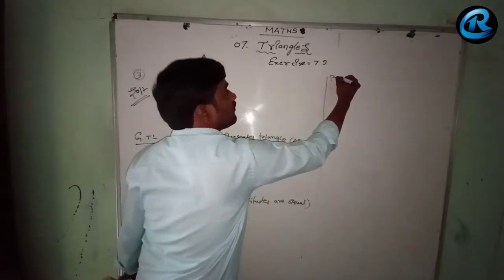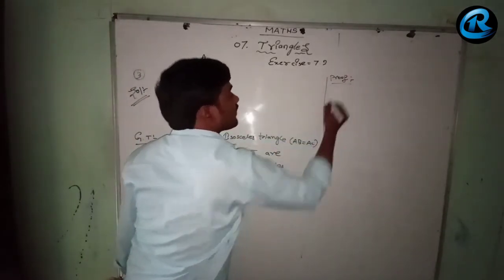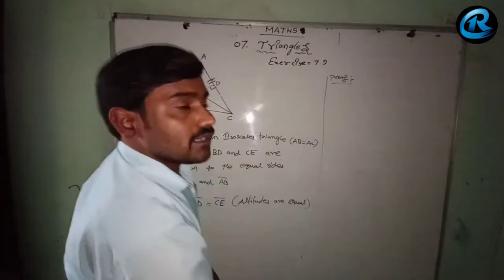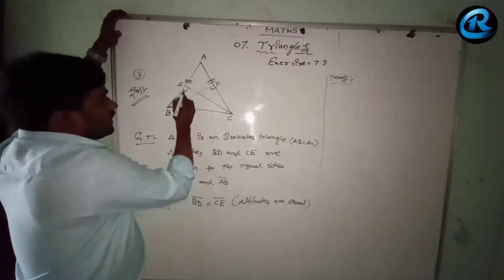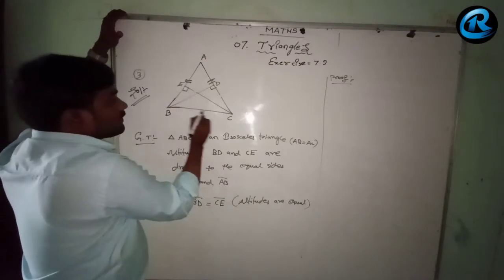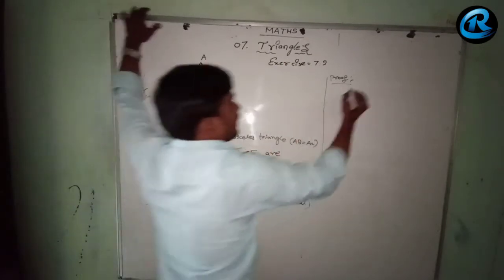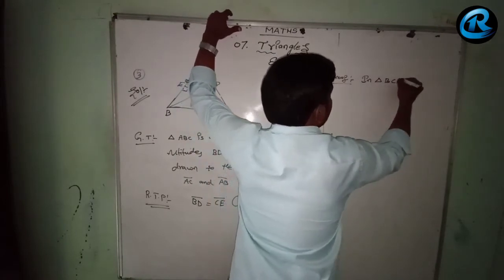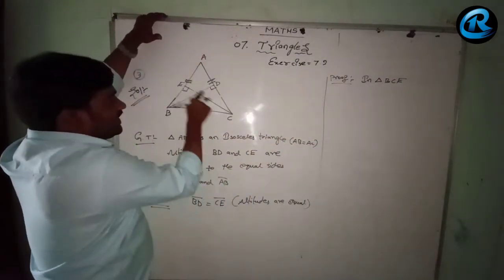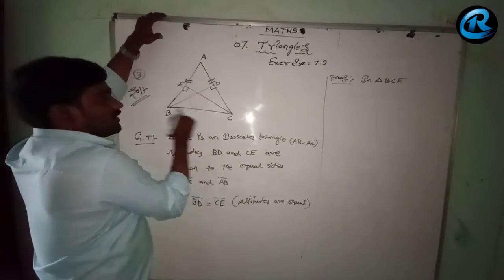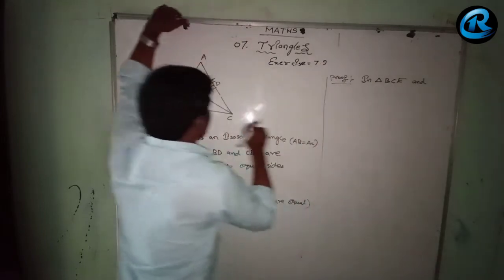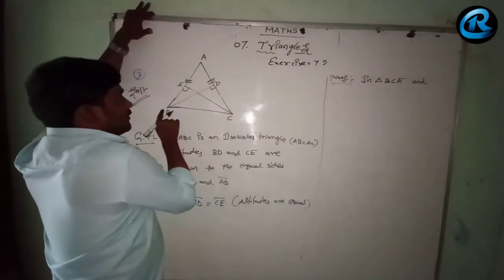Let us go for the proof now. See. Let us take triangle BCE, and also the triangle CBD.